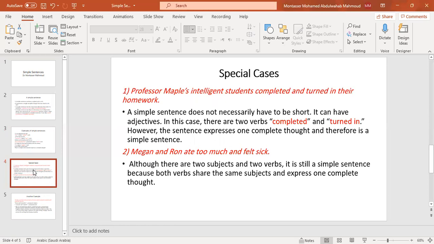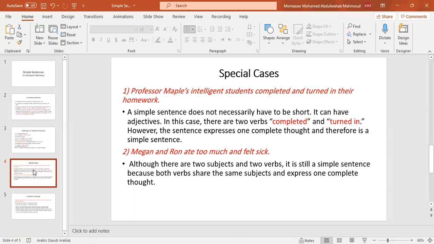Don't think that because you have here two verbs and between them the coordinating conjunction and, this is not a simple sentence. No, a simple sentence doesn't necessarily have to be short. It's better to be short, of course, but it doesn't necessarily have to be short.